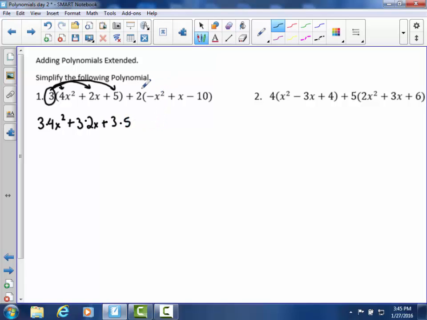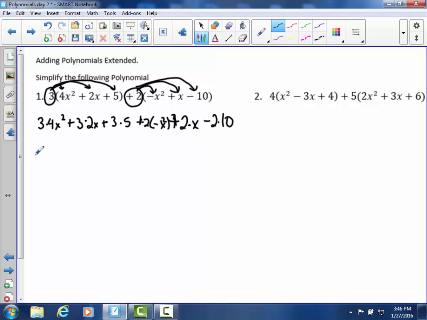And then on the second one we have positive 2 that's going to be distributed. So we have 2 times negative x squared. Sorry, negative x squared would be there, plus 2 times x minus 2 times 10.